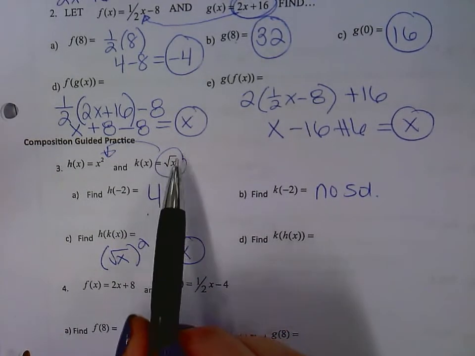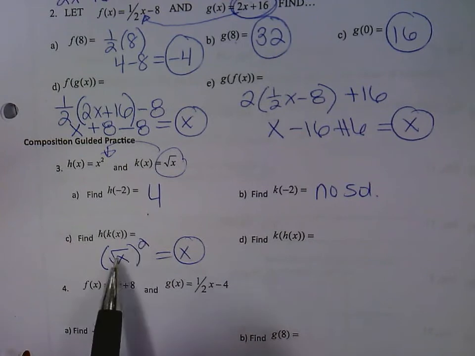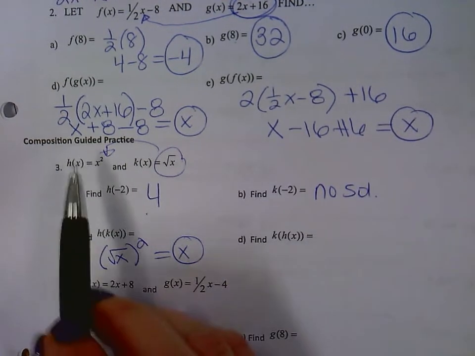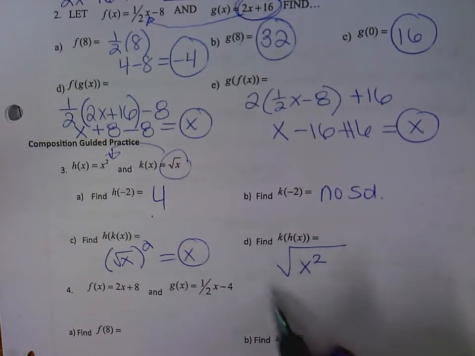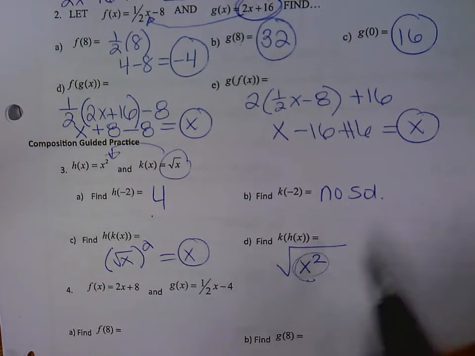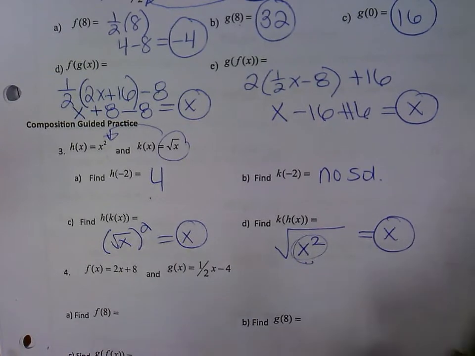I'm plugging a square root into a perfect square. So I'm square rooting and squaring it. So it just pops out as just x. And then if I do it in the other direction, I'm taking the square root of x squared. So doesn't that also undo each other and leave me with just an x? So we're going to find out that that is a special relationship. They're inverses of each other.